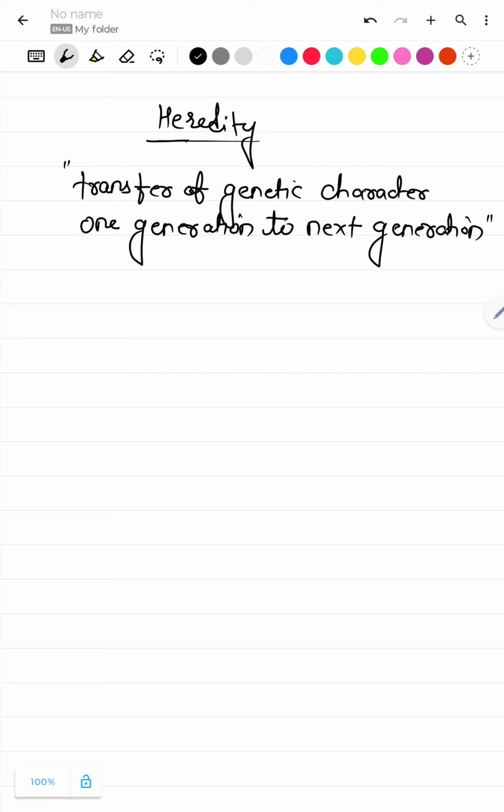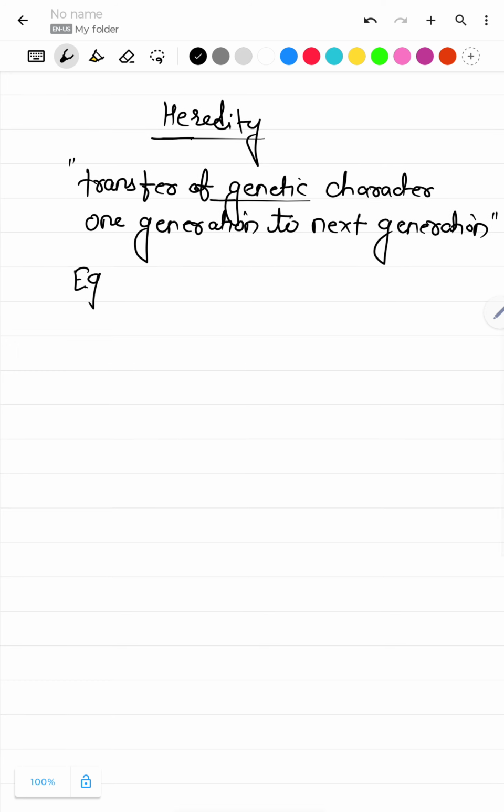So these are the various kinds of genetic character which are transferred by the parent to the offspring, or the parent to the children. So which genetic character? For example, the first character is what? Height. Second, skin color.